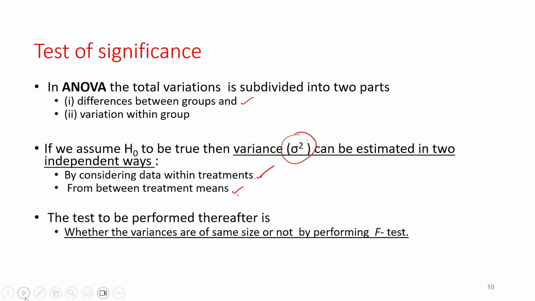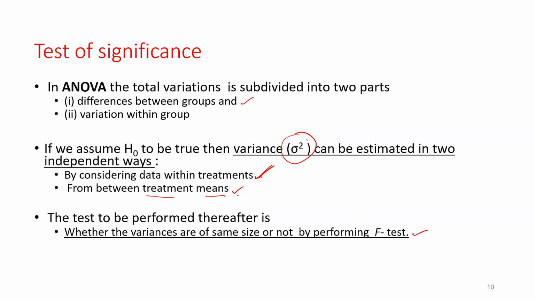The test we perform thereafter is, once we can estimate the variances by considering the data within treatments and also from the treatment means, then we need to perform a test of whether the variances are of the same size or not, and for that we perform the F-test.